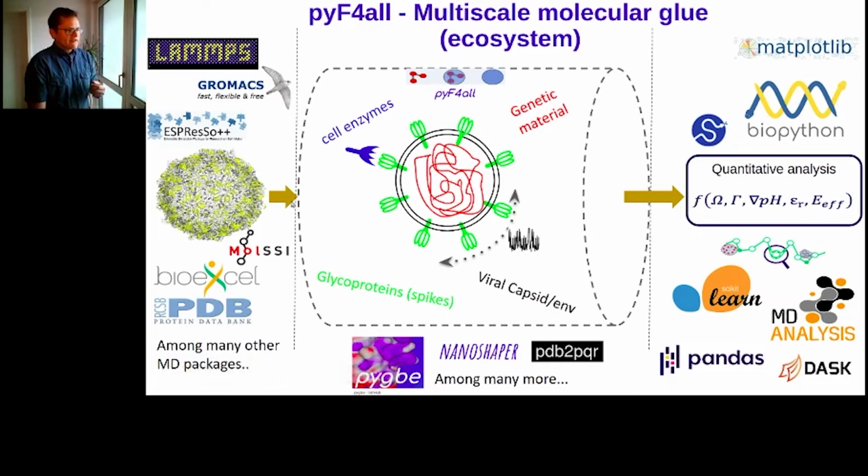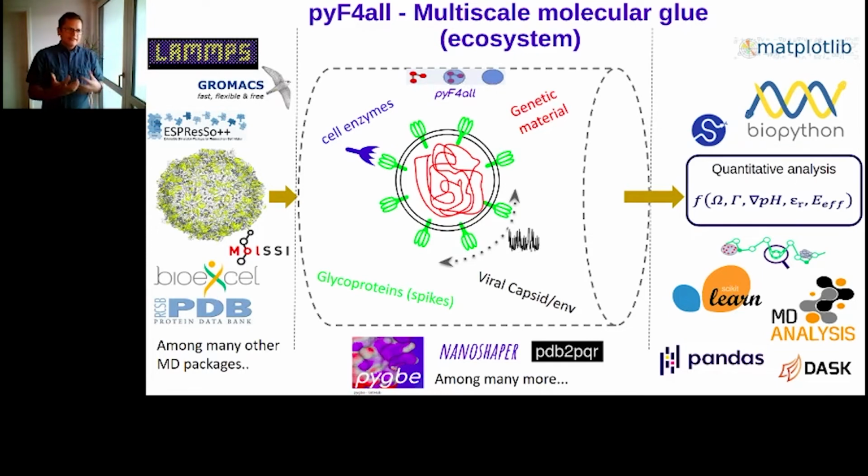And once we have these trajectories, what we would like to build, this is the main goal of Pi4All, is to analyze in a first instance the free energies of those structures, but also interact between the different representations, if they are atomistic, if they are coarse grain, or if they are even continuum representations of those structures.